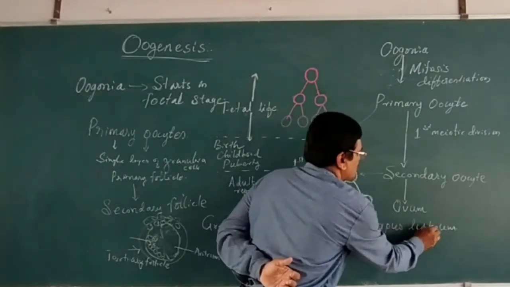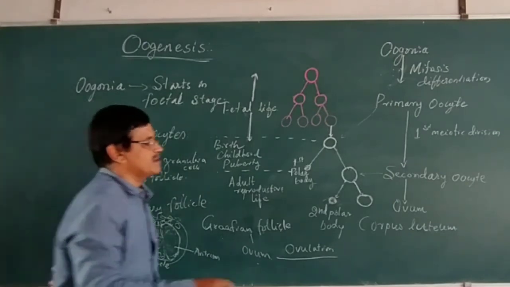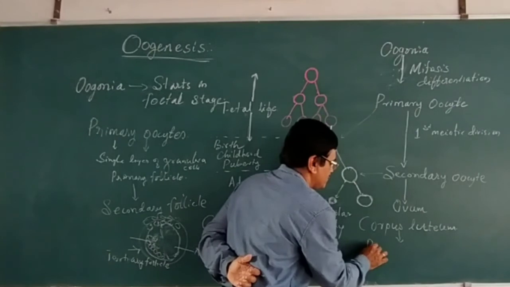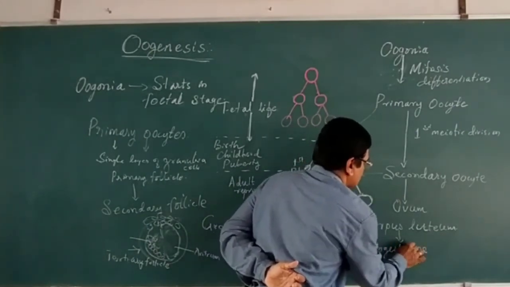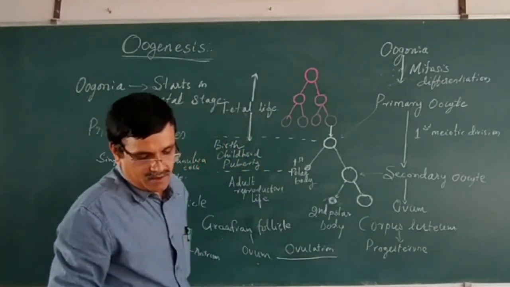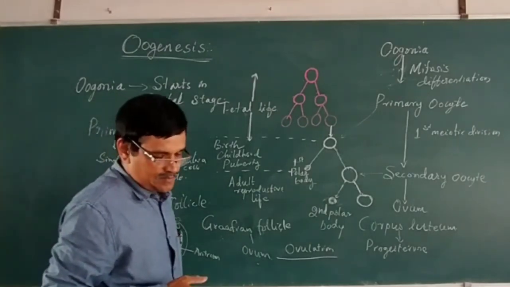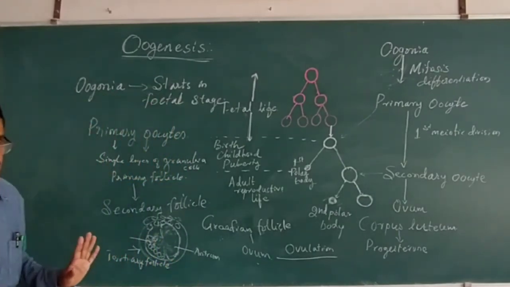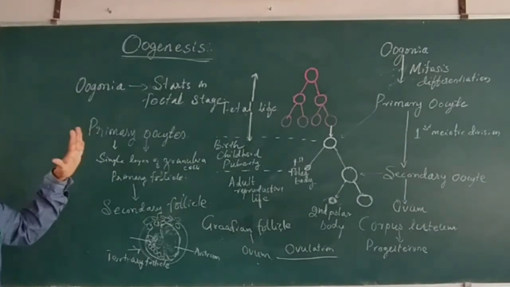This corpus luteum secretes the hormone progesterone, a steroid hormone. Okay, so this is about the process of oogenesis.